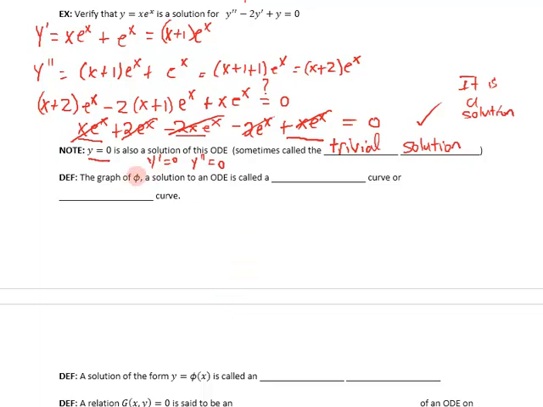Now, if you think of phi, again, as the solution, remember phi is just my notation that I've used in the definition for any solution, then by definition, the graph of phi, which is a solution of the ODE, we're going to call a solution curve, or sometimes it's called an integral curve. And we'll refer back to that reasoning in just a moment of why it's called an integral curve. Actually, we may wait till next section. Anyway, that's the name of those graphs. They're called solution curves or integral curves.